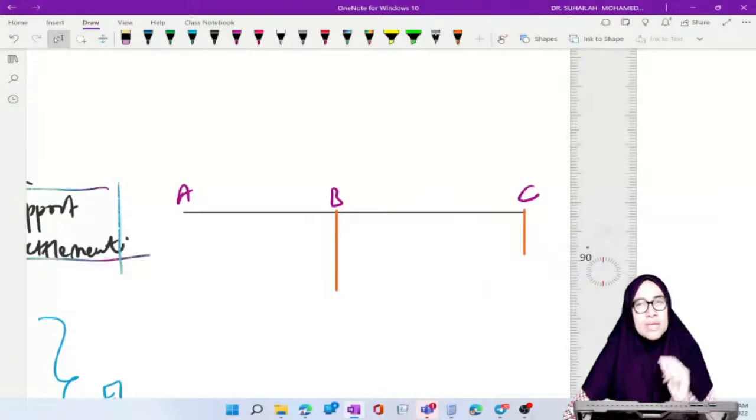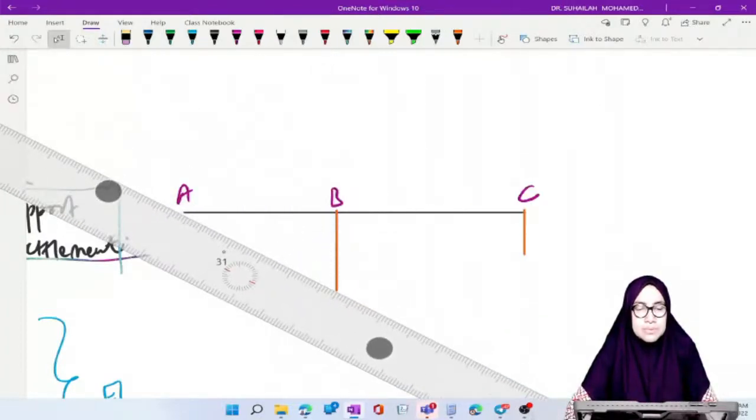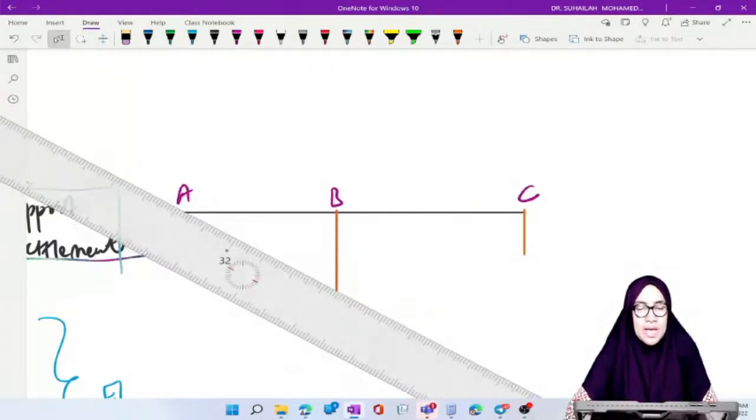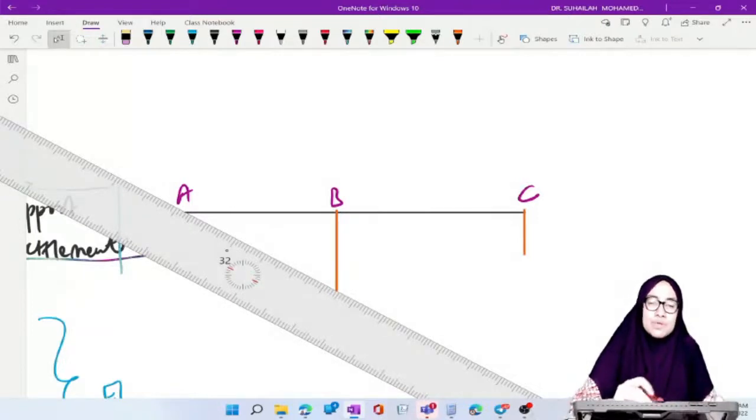What we need to remember is to always find where is the triangular. So we have to join A to the new B position.